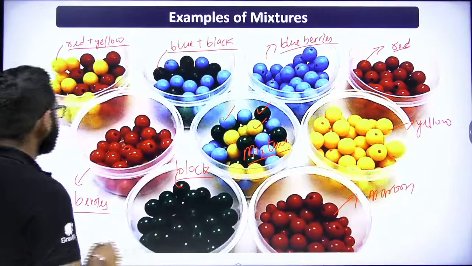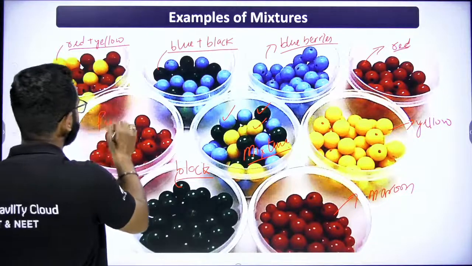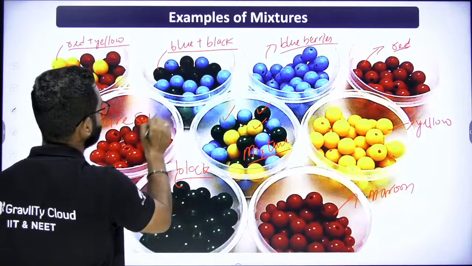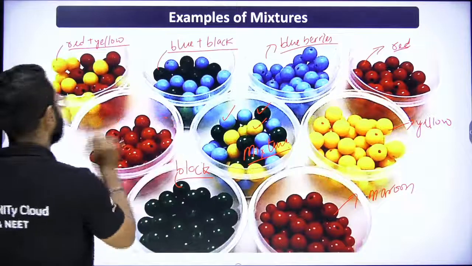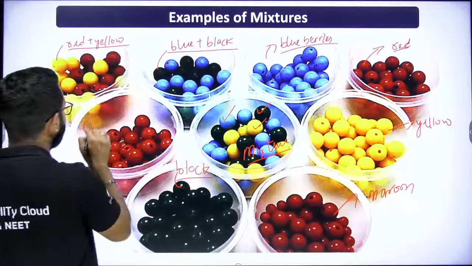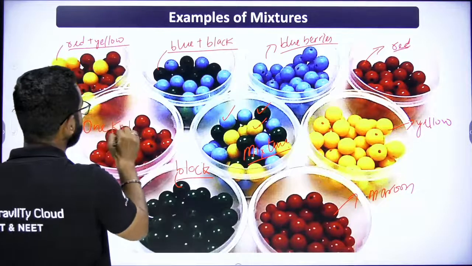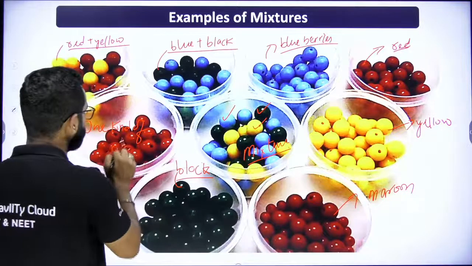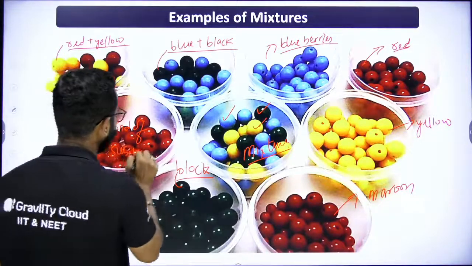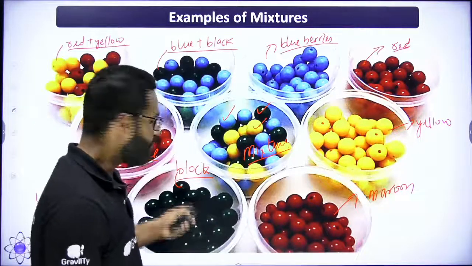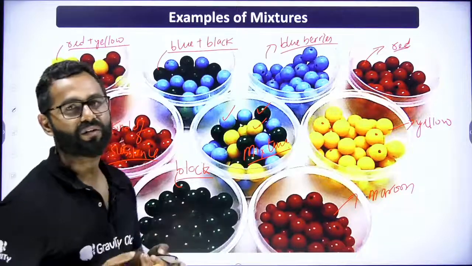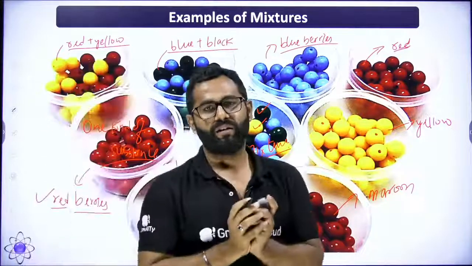So that means it's a pure substance, or we can say only one kind of substance. I will write it here. It has only one kind of substance. Similarly here, only blackberries, that means only one kind of substance. So that is the point.